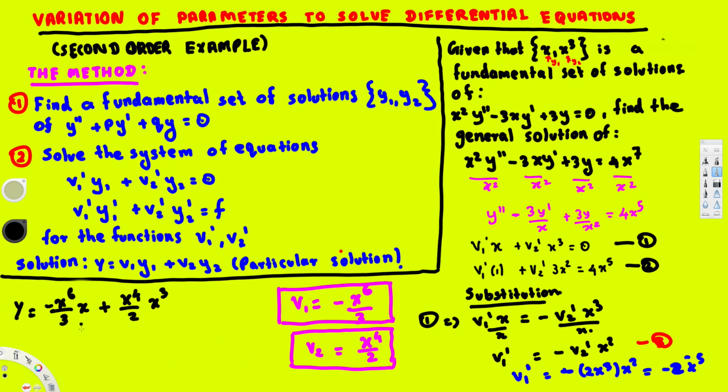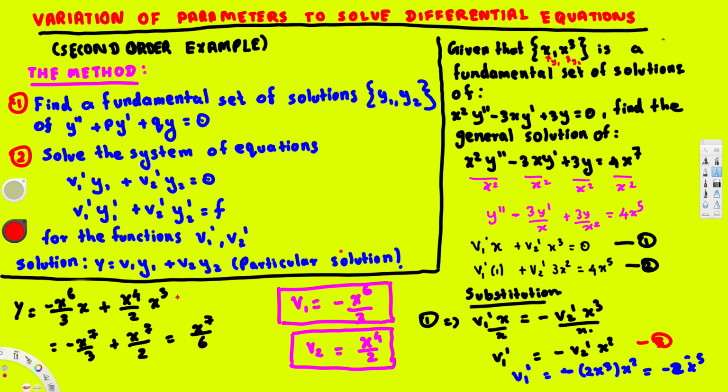If you multiply these together, that's going to give you negative x power 7 divided by 3, and here we have x power 7 divided by 2, and if you simplify this, that's going to give you x power 7 divided by 6, and this is our particular solution for this differential equation.